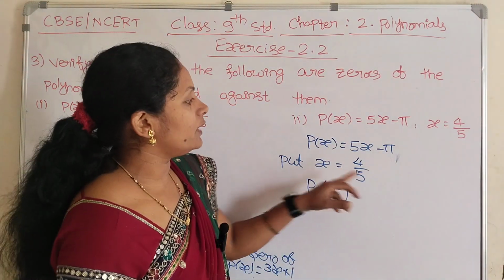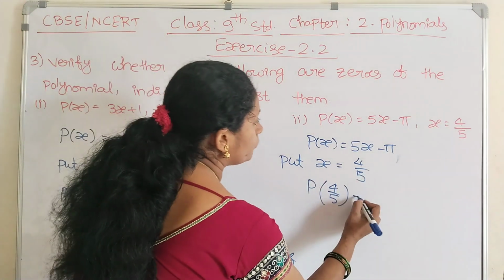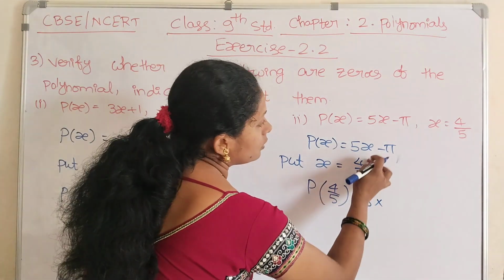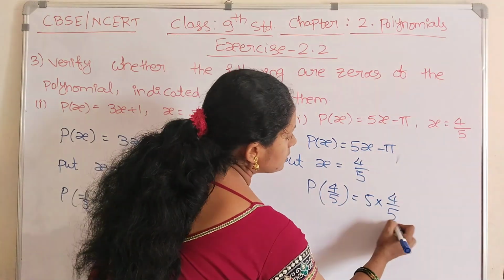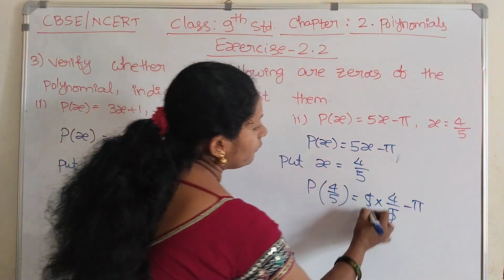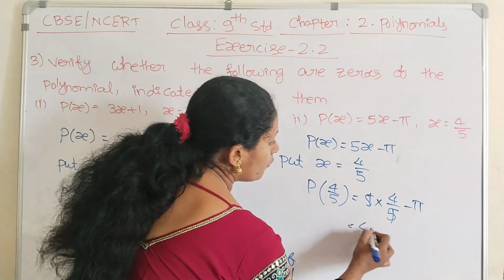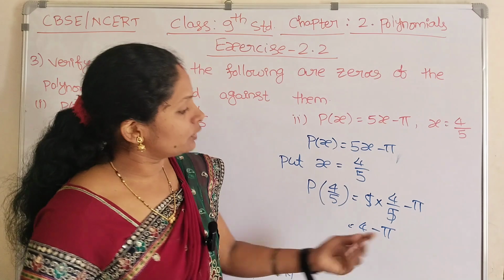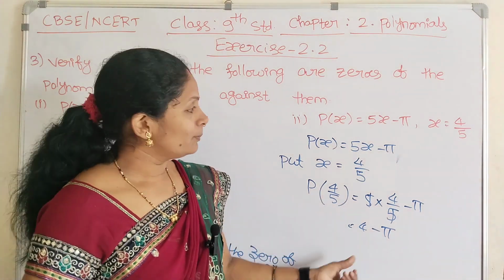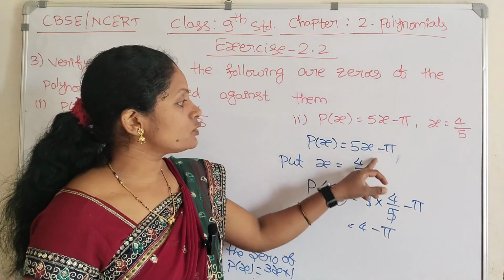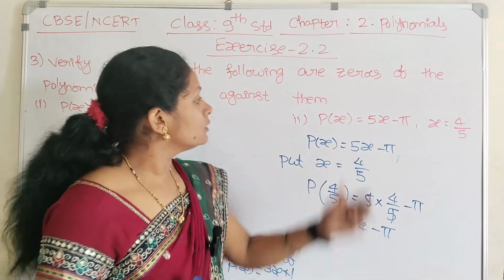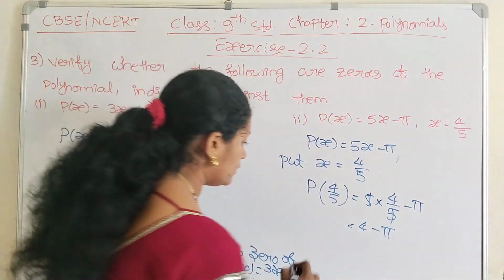Instead of x, what we have to write? 4/5. 5 × (4/5) - 5. 5 and 5 get cancelled. 4 - 5. Have we got 0 here? No. It means x = 4/5 is not the zero of this given polynomial.